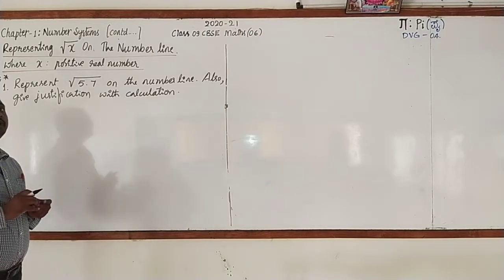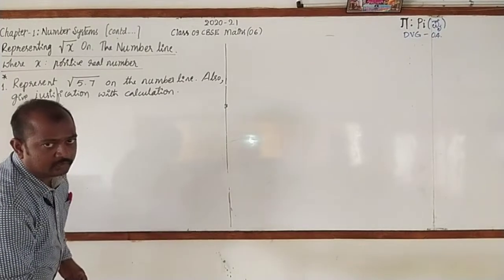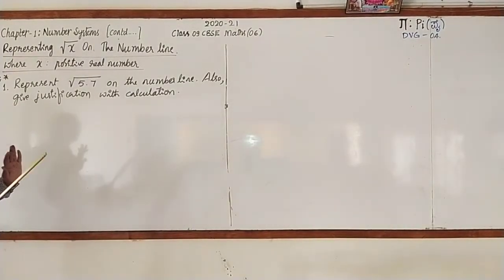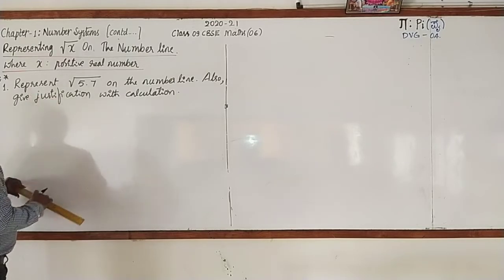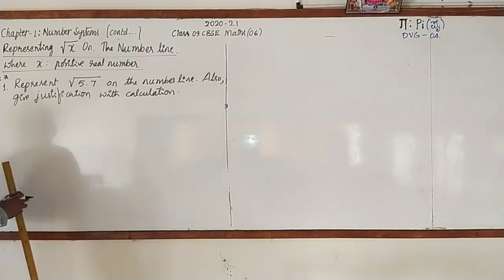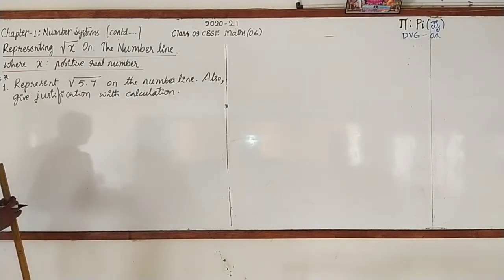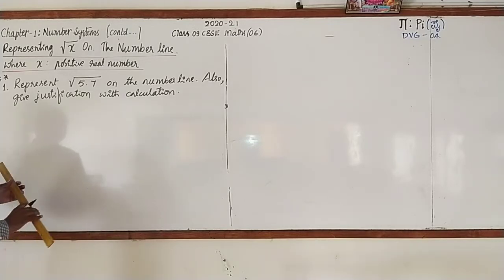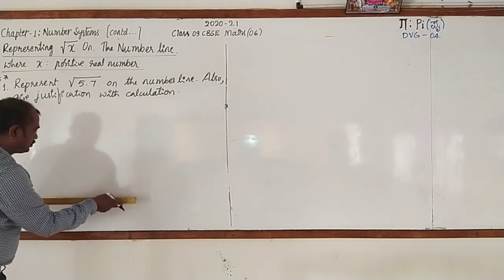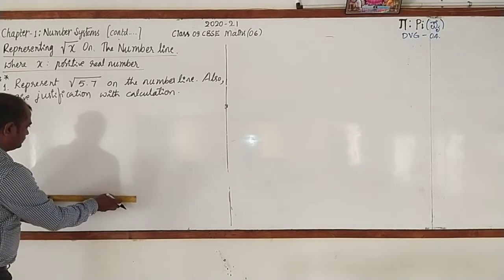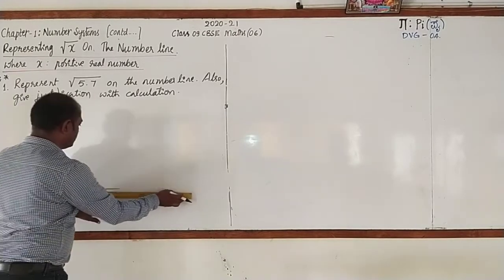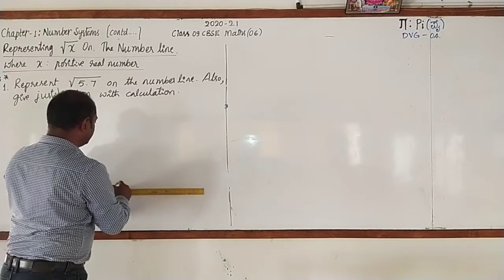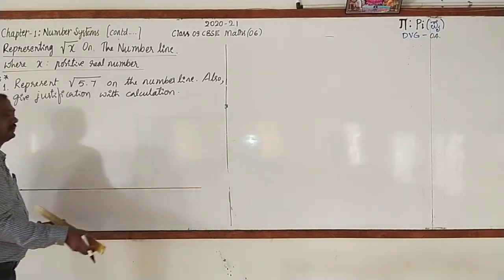Then how to locate this? Let me tell you. Just follow the procedure that I am going to do. Observe. Represent square root of 5.7. According to the geometrical method, we will draw a straight line. Let us draw a straight line. How much length? Let it be 10 centimeter, 15 centimeter. It's left to you.